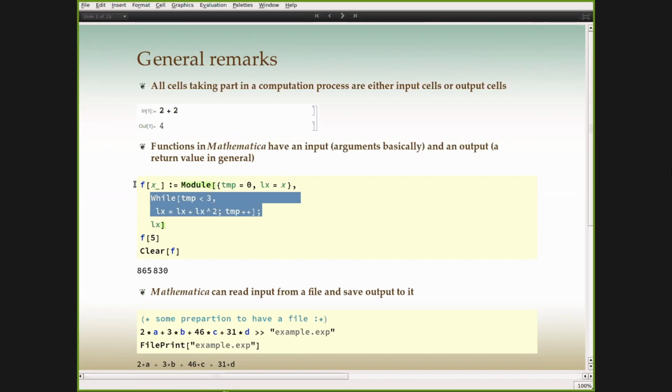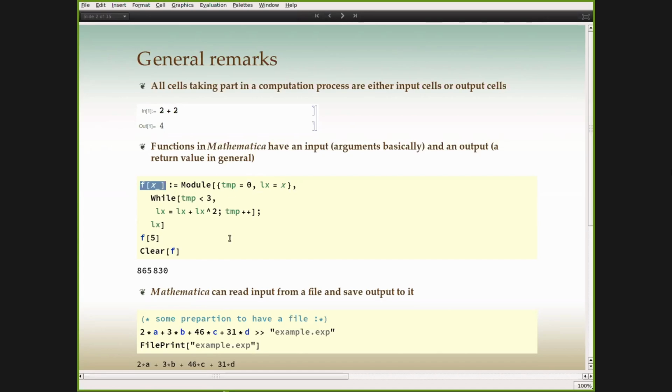So this function can be understood as a mathematical function like sine, cosine, or something more complicated, but also can be regarded as a function like in any programming language. So I can have a sequence of some operations to be performed, some loops, some if statements, and so on and so forth.